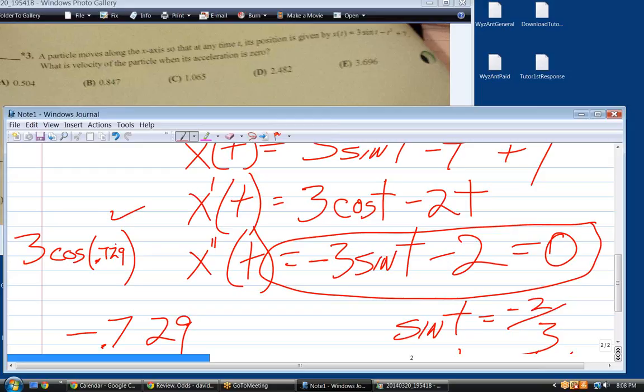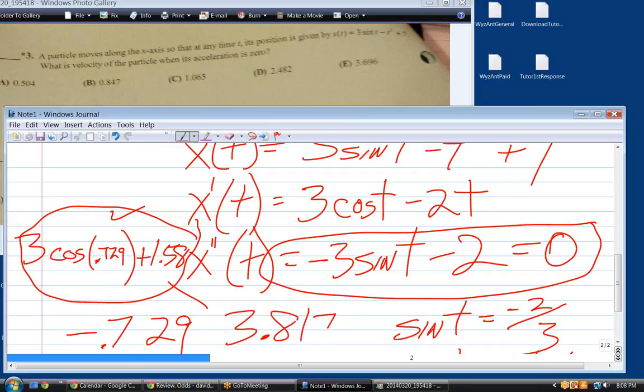Minus 2t, well, that's going to be plus 1.58. So now solve that and come up with a number. It's the cosine of 0.729 multiplied by 3 and added to 1.58. 3.817. So I guess it's E, because that's the closest one.